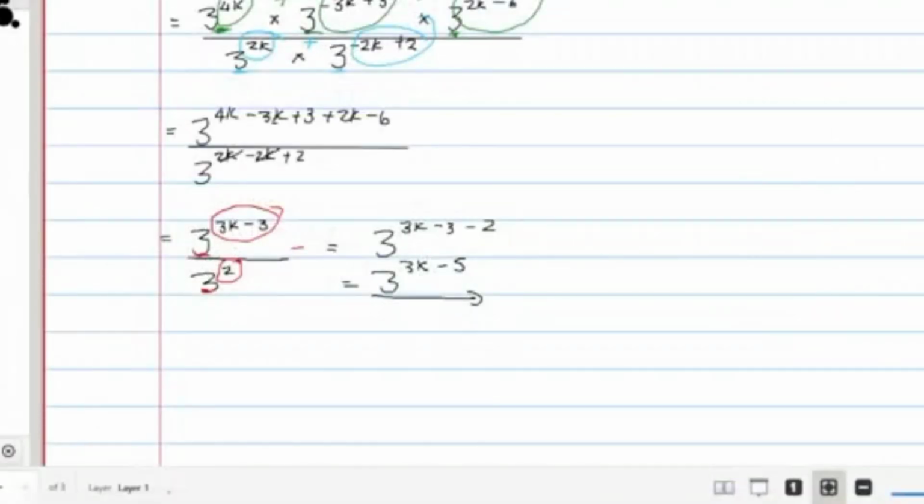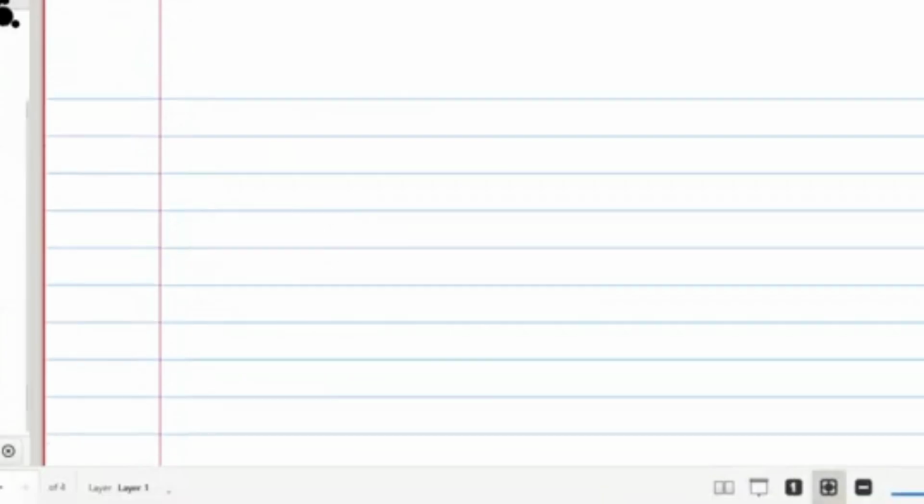Okay, let's make it bigger and more visible. So the question is 3 to the power x plus 1 minus 3 to the power x minus 1, over 2 times 3 exponent x.